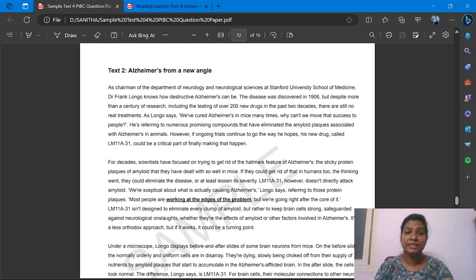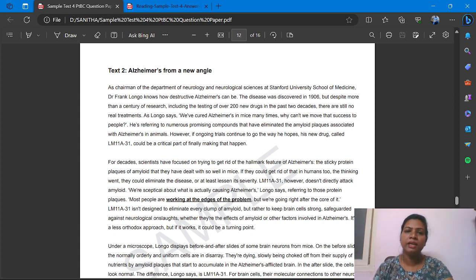Today I am going to discuss OET Reading Part C. This is the test I have taken from the OET official website, Reading Material 5, second test. I know everyone is facing problems finding the OET Reading Part C answers. So before going to the exam, you should know how to approach the question, how to find the answers, and what the tips and techniques are.